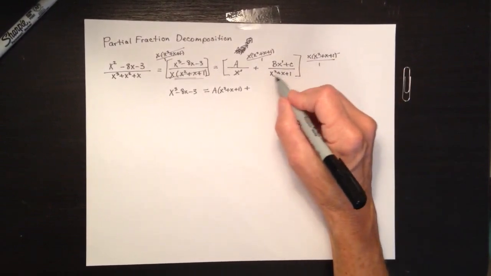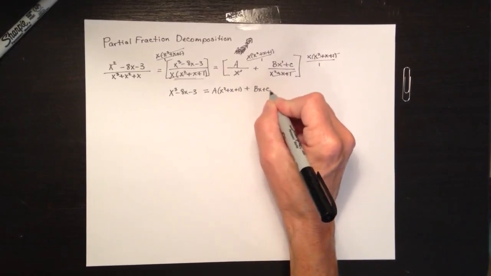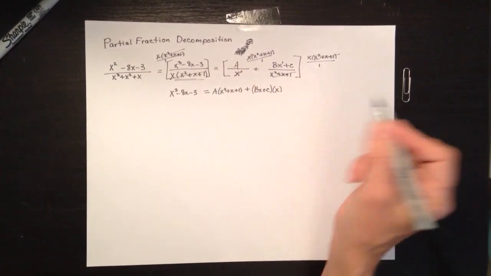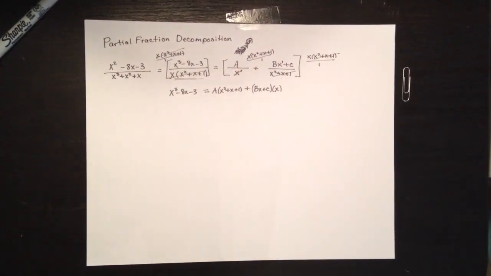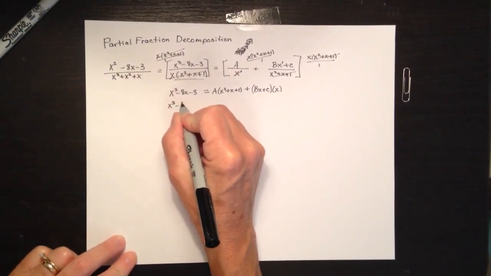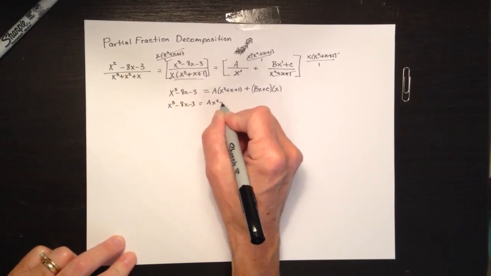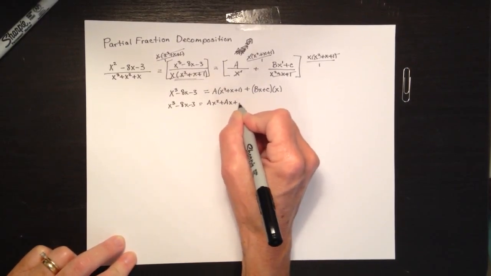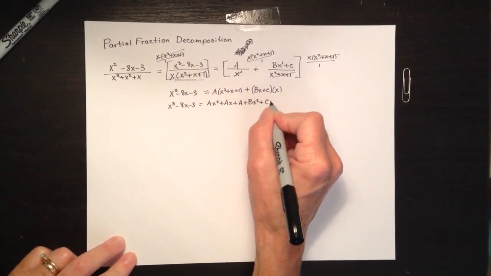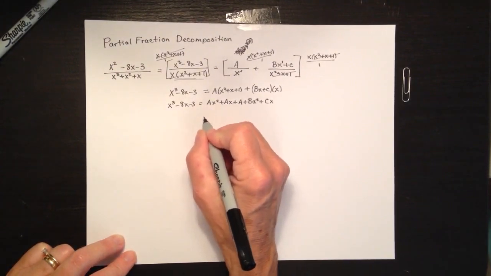The x squared plus x plus 1 will cancel, leaving me with bx plus c times x. And so now we multiply together the terms on the right, and then we combine like terms. So we have x squared minus 8x minus 3 equals ax squared plus ax plus a plus bx squared plus cx. So now we collect like terms.